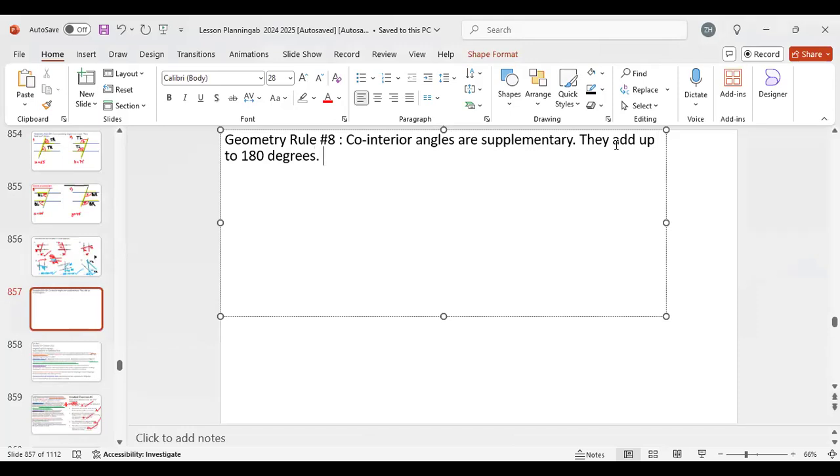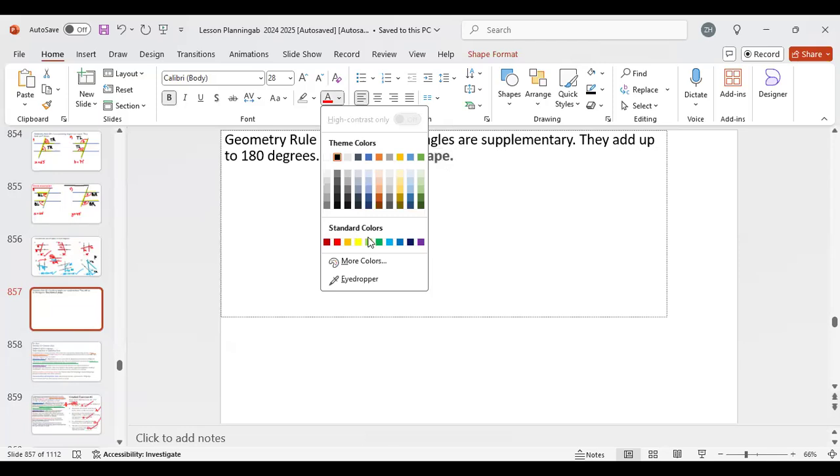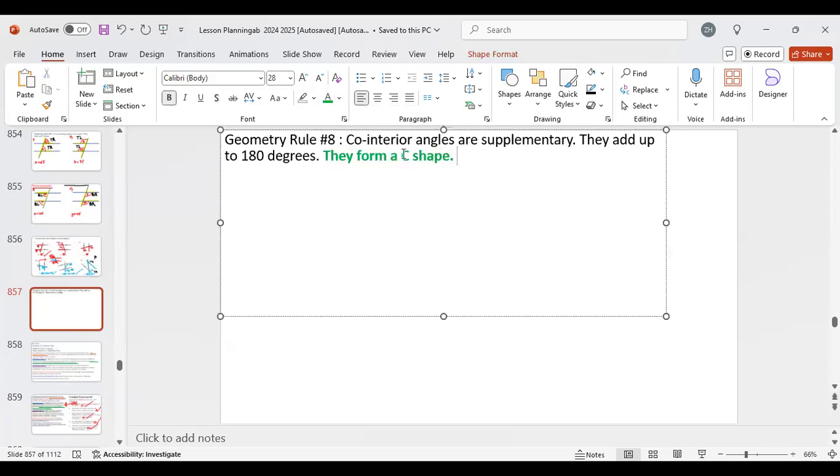They add up to 180 degrees. So what shape do they form? They form a nice C shape. Who said that? I did. Rodrigo, very good. Rodrigo, you had the right answer and you switched it.